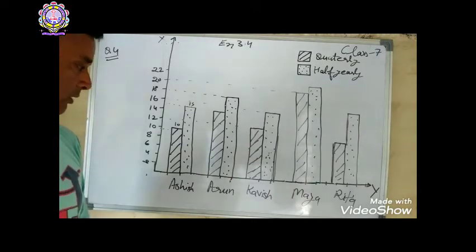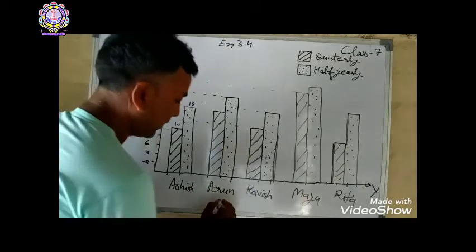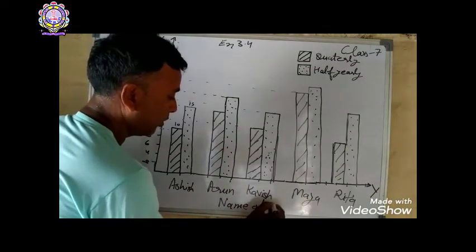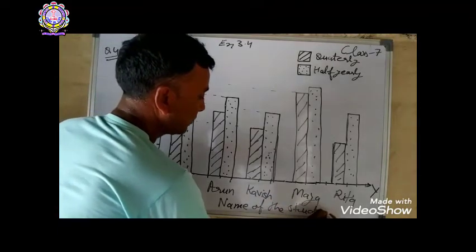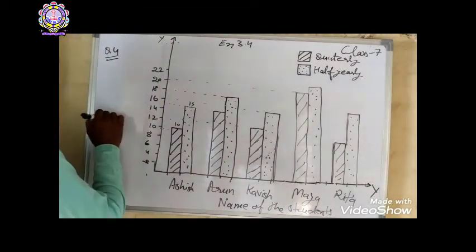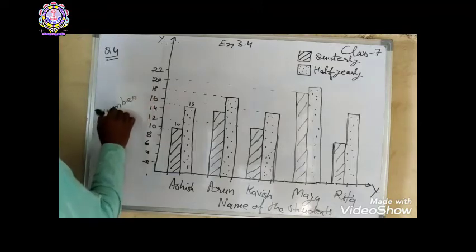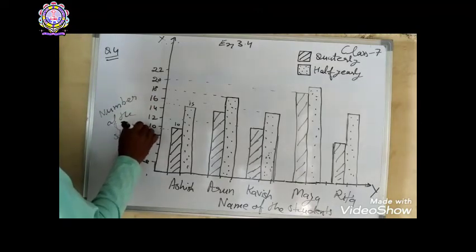And if you have color, then color different bars in different colors. And write here the name of the students, and here the number of the students.